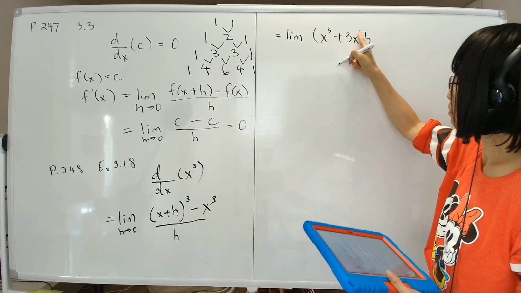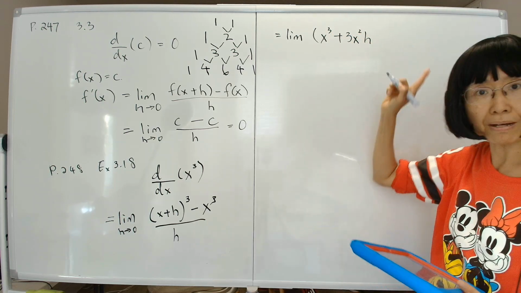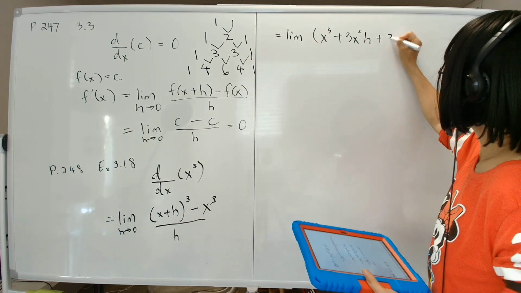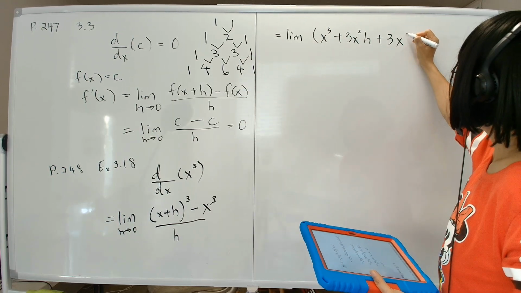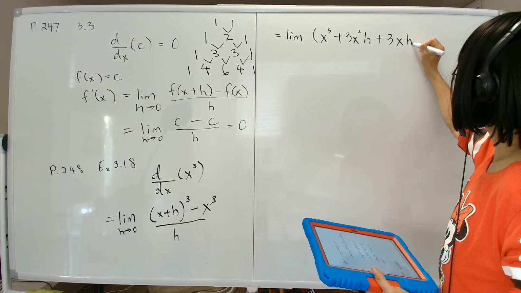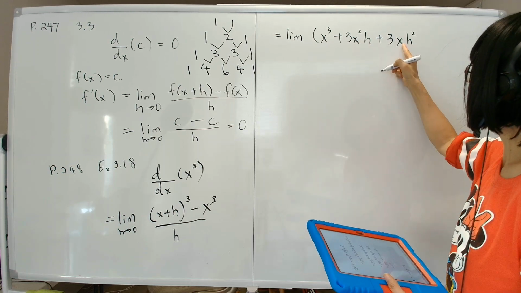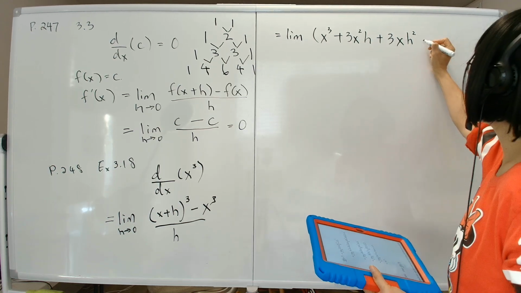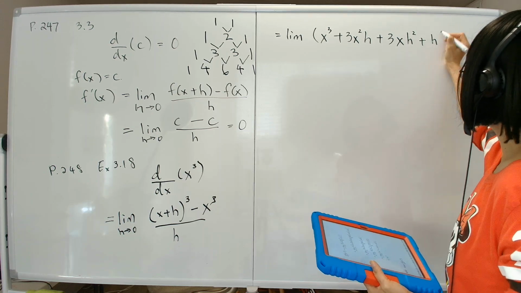This power goes down by 1, and h goes up by 1. Plus the next number is also 3, 3x h squared. Notice x is going down 1 at a time, whereas h is going up 1 at a time in terms of power. And then plus h to the power 3.